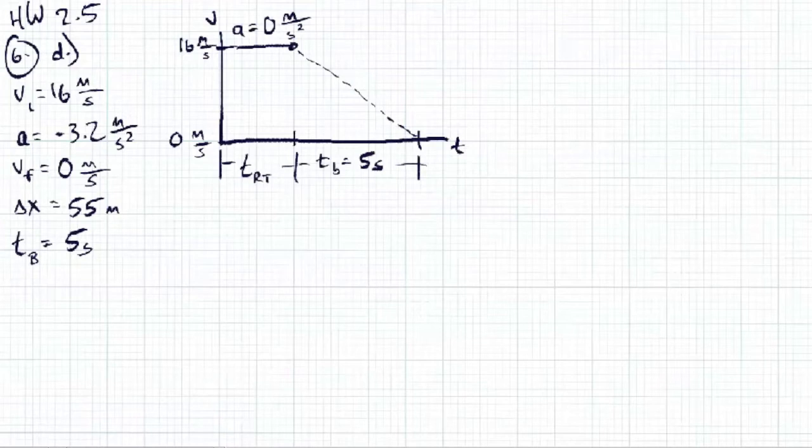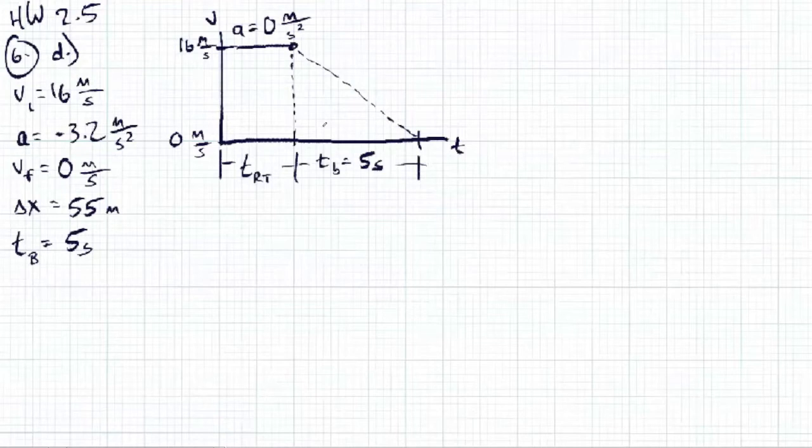Now you might say, well, we'll just find how long it takes to decelerate from 16 meters per second to 0, and that's an amount of time, subtract 5, and we're going to have our reaction time. But it's not quite that simple, because we don't have a constant deceleration rate in the distance that's in front of us, the 55 meters, because part of that 55 meters is going to be just the reaction time.